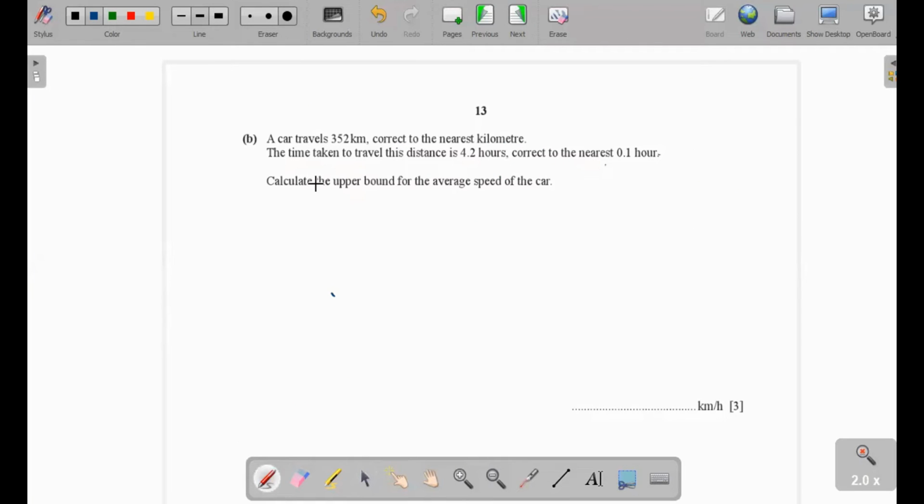Here the car travels 352 kilometers. This is the distance given, 352 kilometers, correct to the nearest kilometer, so we take 1 over 2, which gives 0.5 kilometer. The distance is 352 plus or minus 0.5.